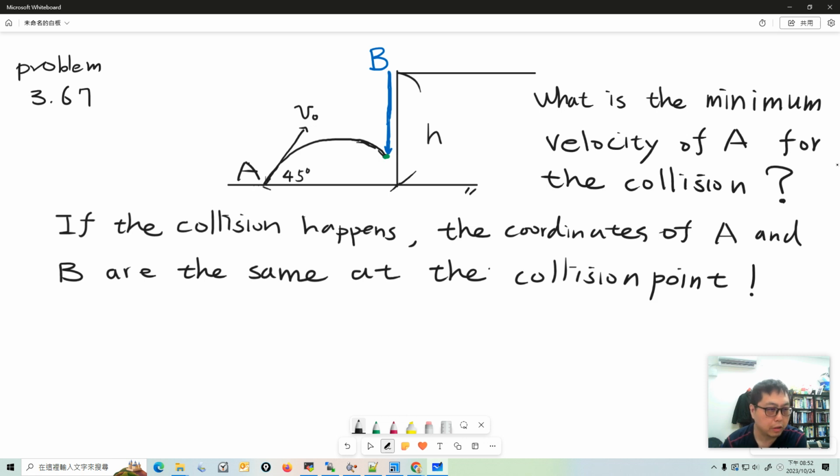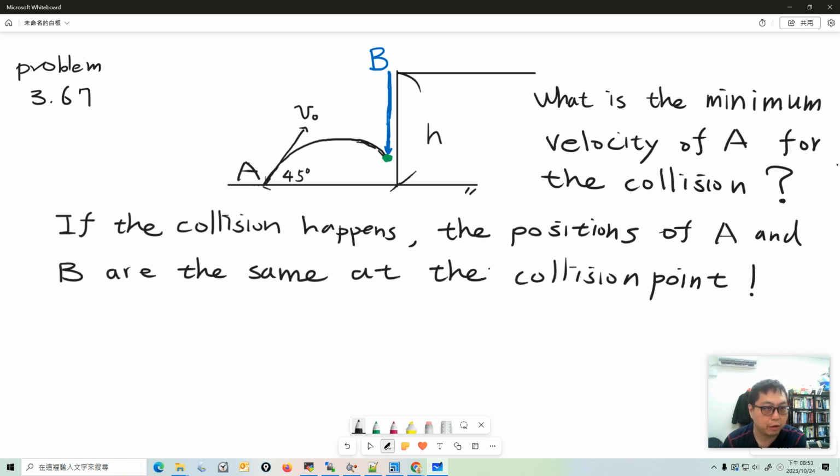What I'm trying to say is, if these two objects collide here, at this green point, these two objects have the same position. Sorry, I should say position, not coordinate.